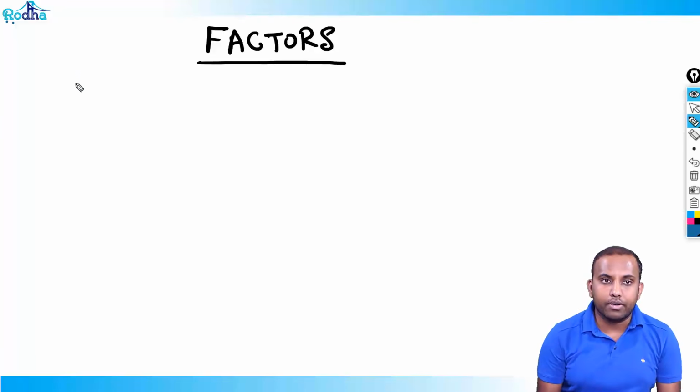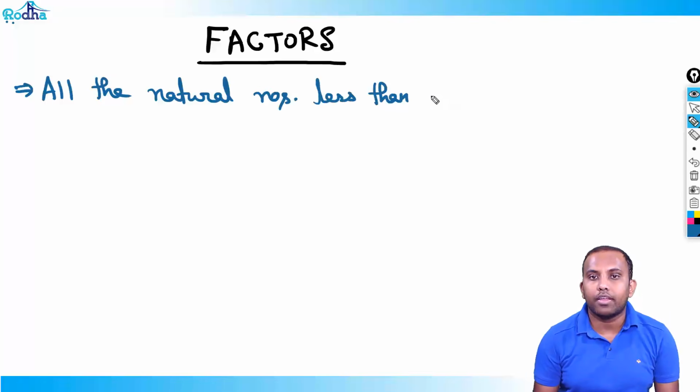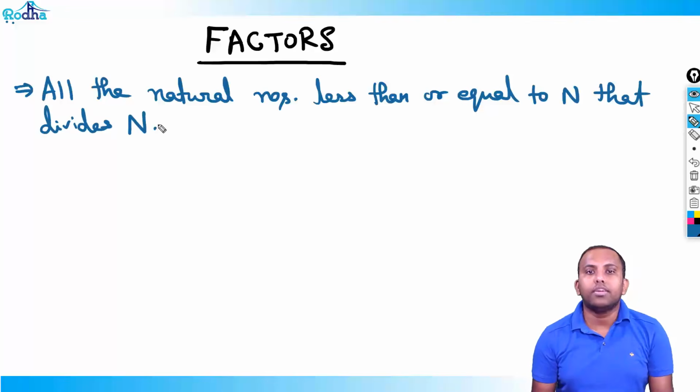So what are factors? Factors are basically all the natural numbers less than or equal to n that divide n.